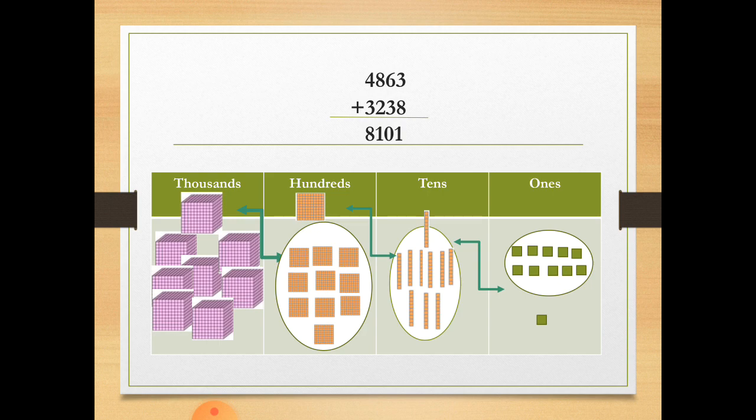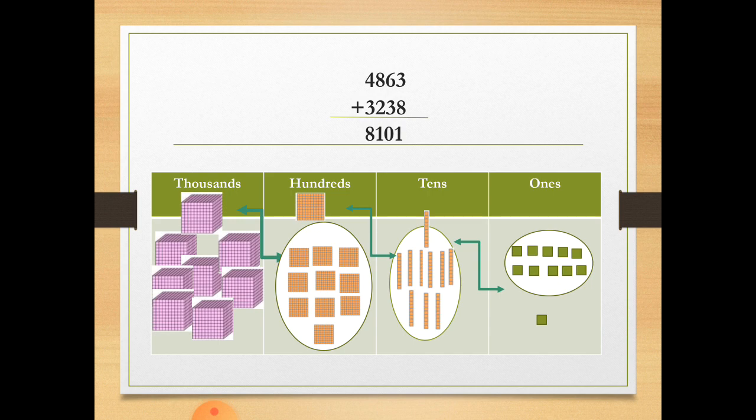3 plus 8 is 11, so 1 ten will be carried over to the tens column. Again, 6 plus 3 is 9 tens, and when we add 1 more ten, we get 10 tens. So 100 will be carried over to the hundreds column.